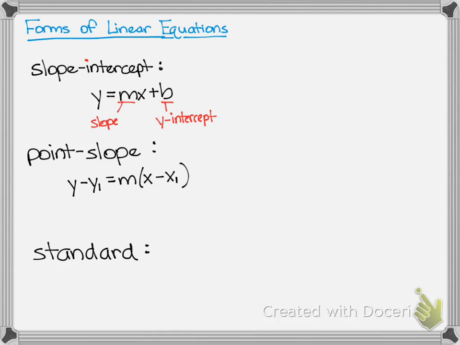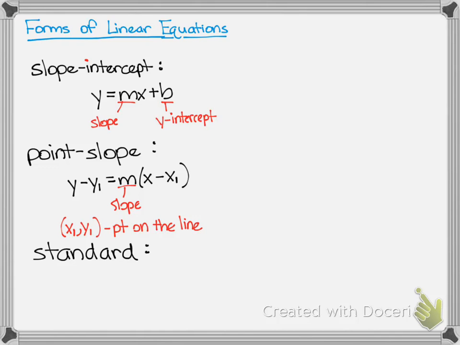Here again we have m, which is our slope, and then we have a coordinate x1, y1, which is just a point on the line. That form we don't use as much, but we will be using it a little bit.